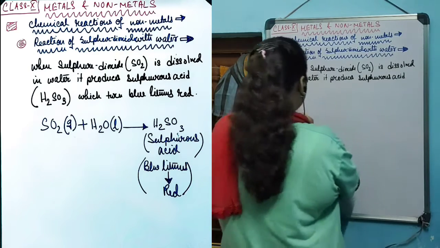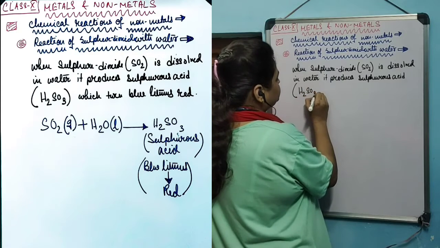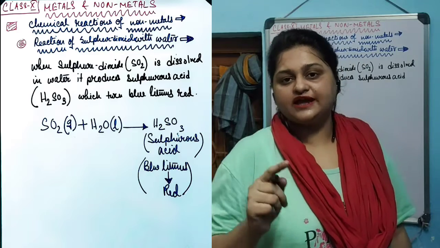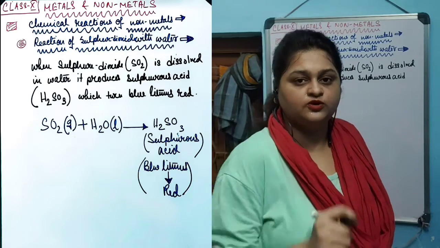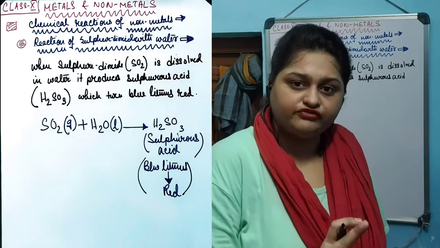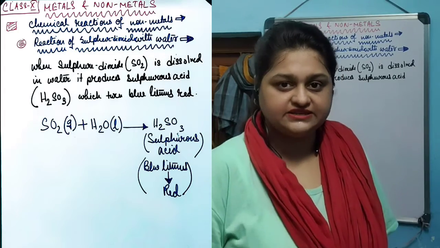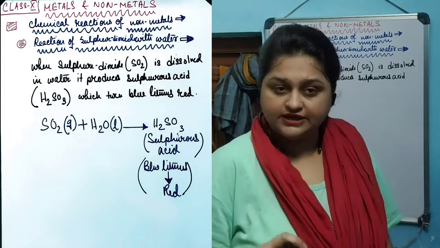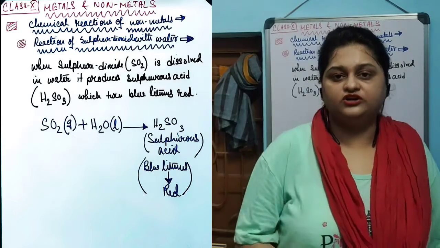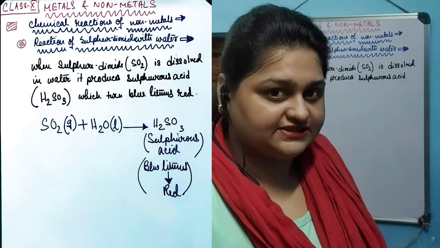The chemical formula of sulfurous acid is different compared to sulfuric acid. Sulfuric acid has the chemical formula H2SO4. Sulfurous acid is different. The chemical formula of sulfurous acid is H2SO3. When SO2 is dissolved in water, the first acid that it produces is sulfurous acid.